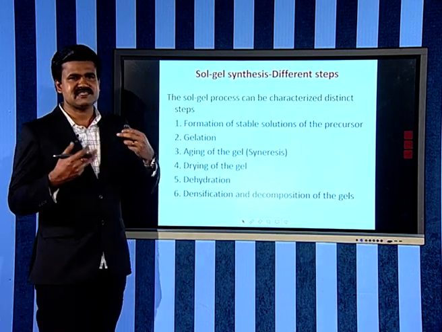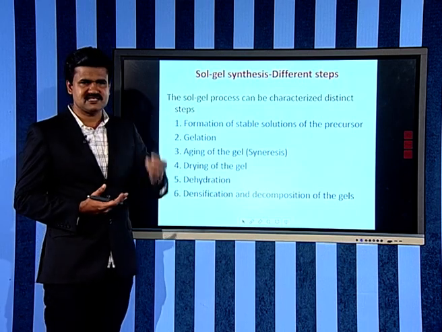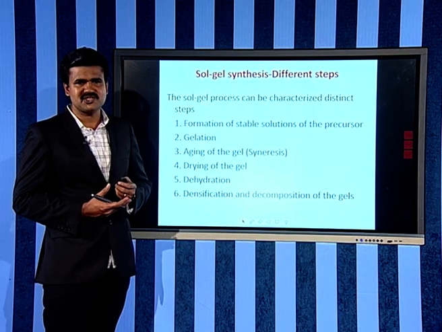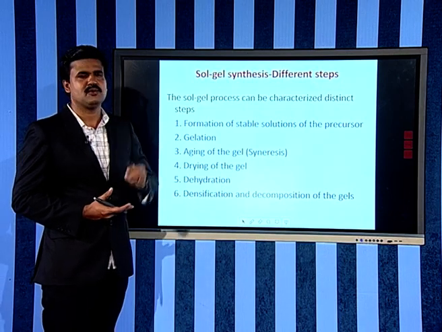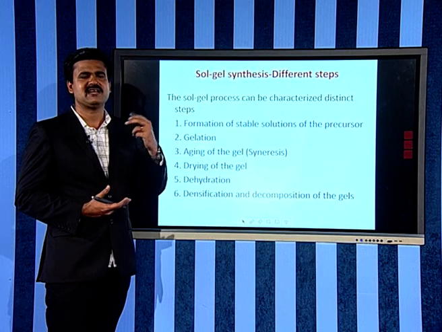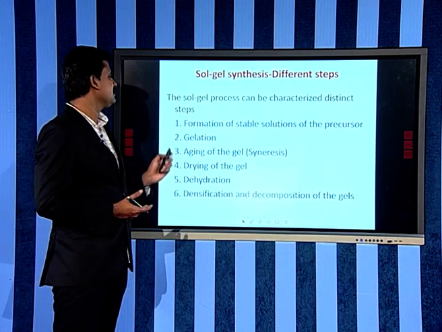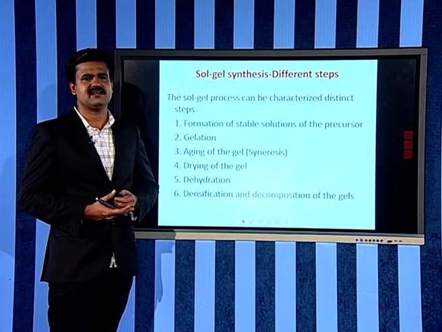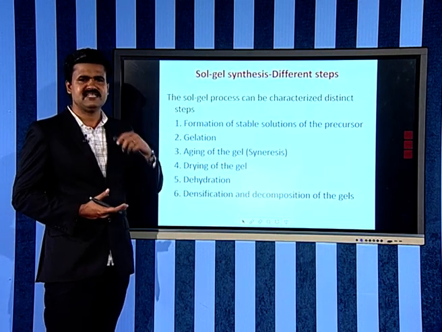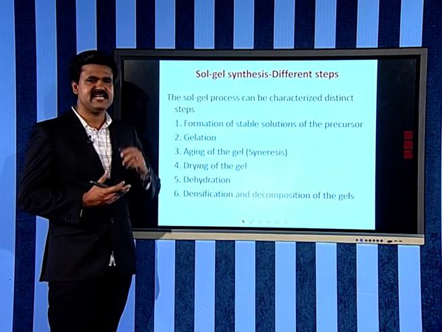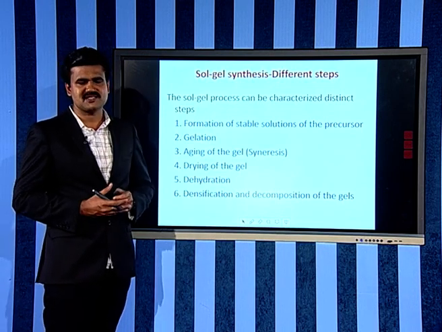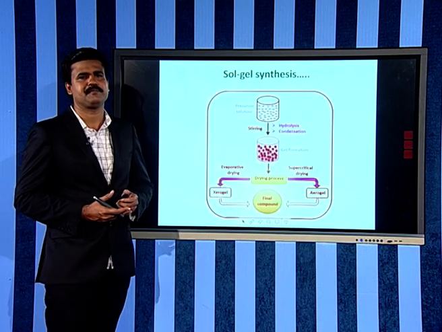What are the various steps? They are formation of a stable solution of the precursor or the salt solution like alkoxide, chloride, etc. Then gelation, aging of the gel, which is otherwise called syneresis. Then drying of the gel, dehydration, and densification and decomposition of the gel.